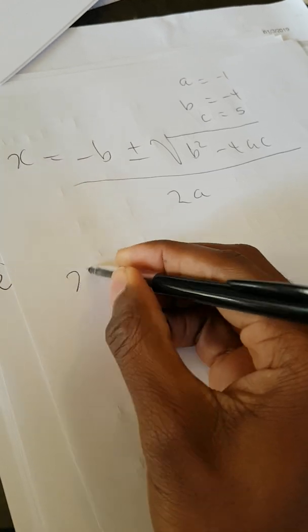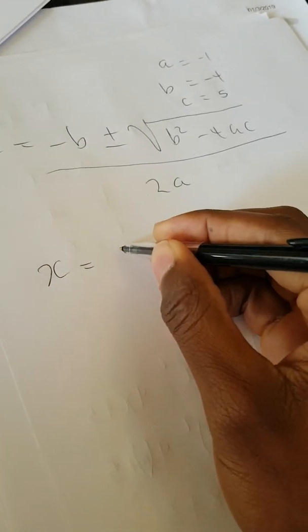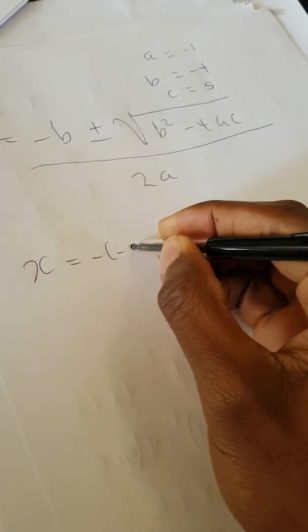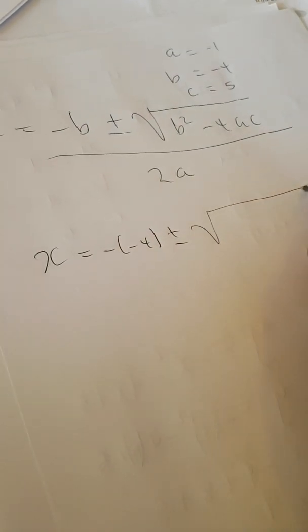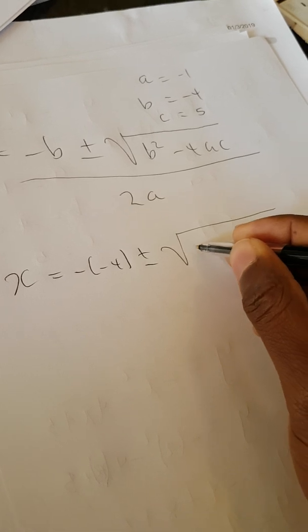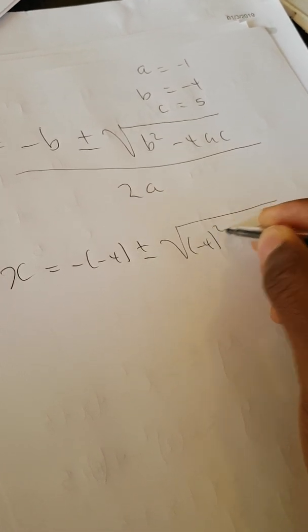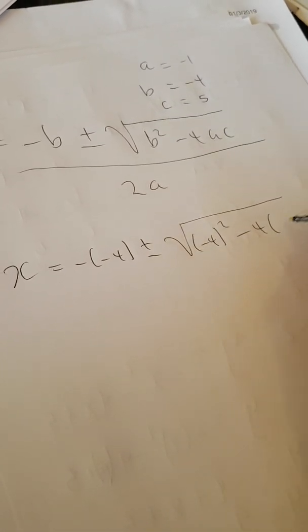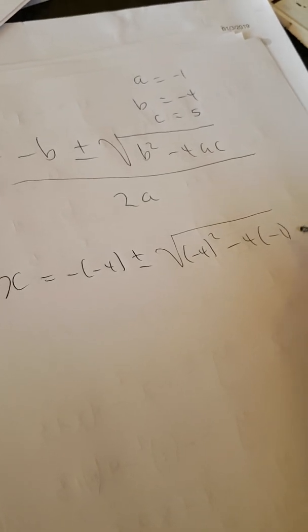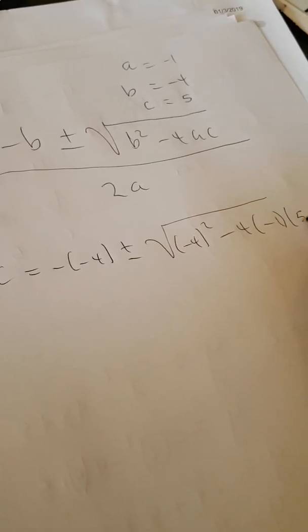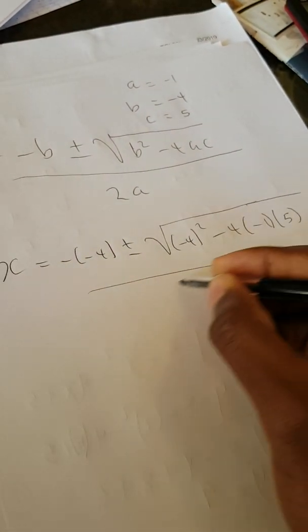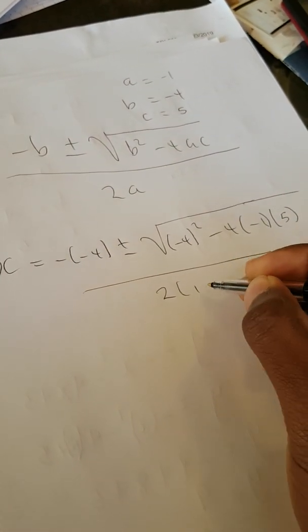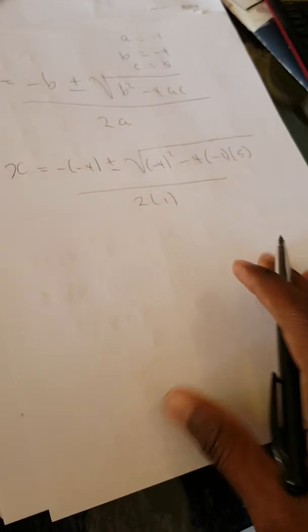So it means x will be equals to minus b, so it's going to be minus (-4), plus minus square root of b squared, so it's going to be (-4) squared minus 4 times a, which is -1, times c, which is +5, all divided by 2a, so it's all divided by 2 times -1. So this is how we do it.